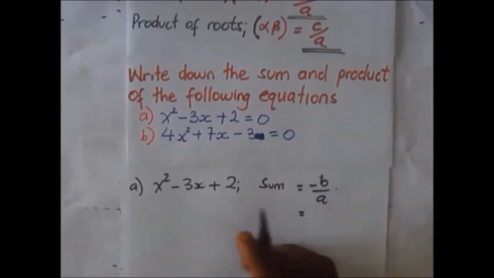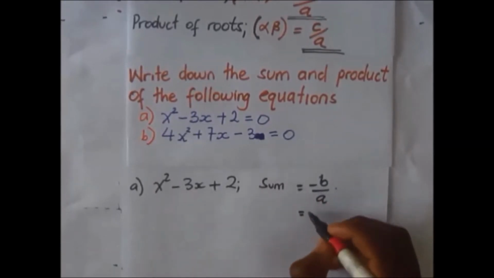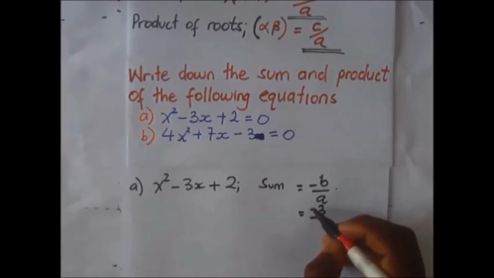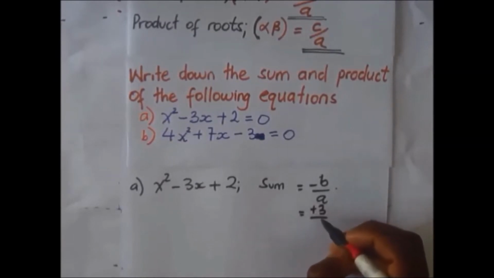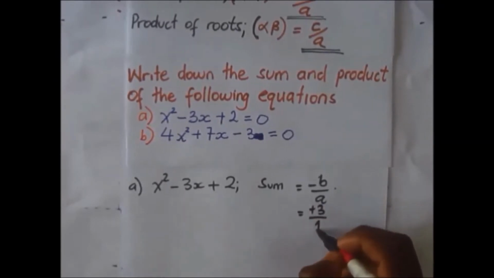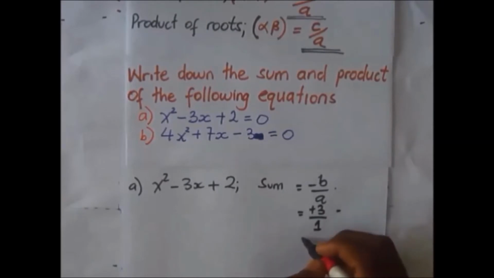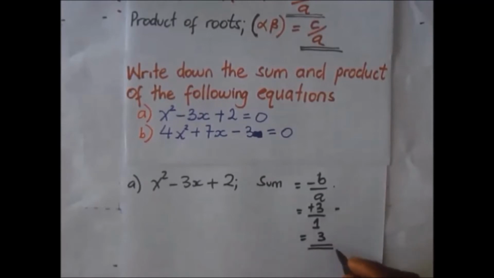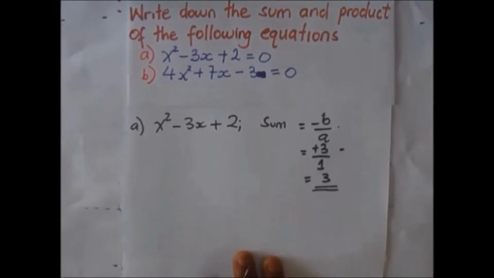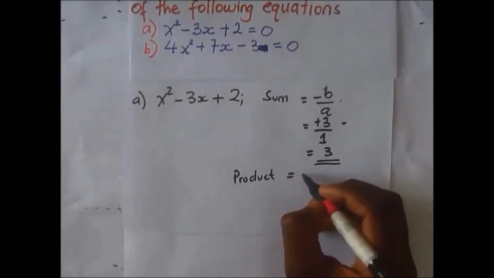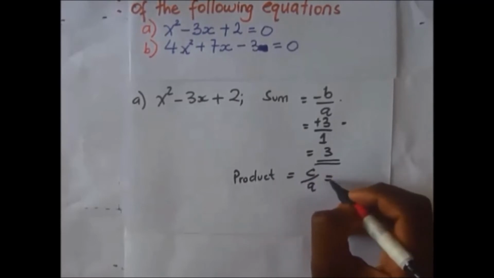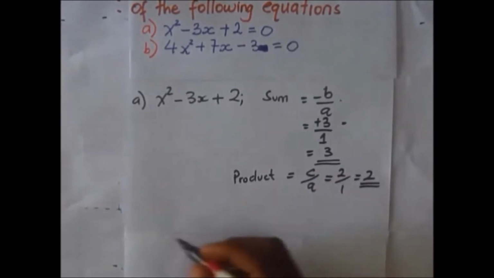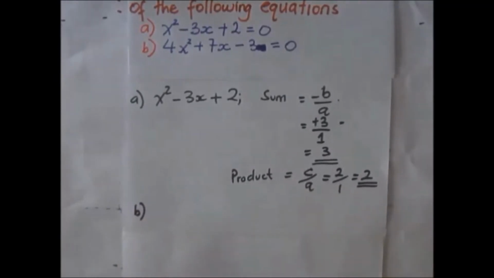In this case, we have negative 3, so negative negative 3, actually positive 3 over a, which is 1. So the sum of the roots is 3, and then the product is simply c over a, which is 2 over 1, which is 2. As simple as that.